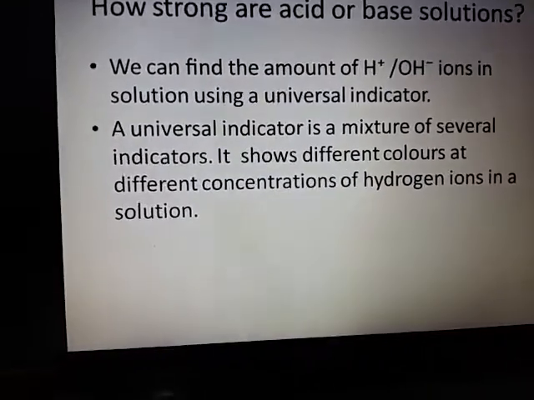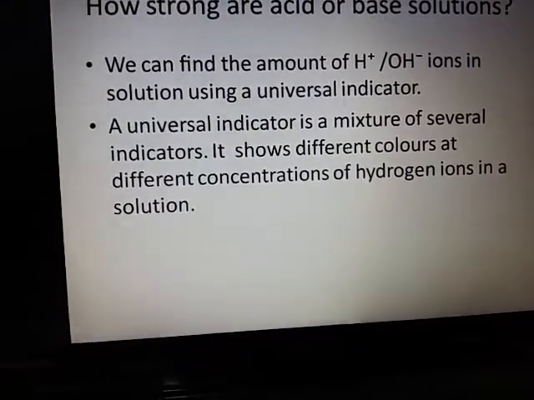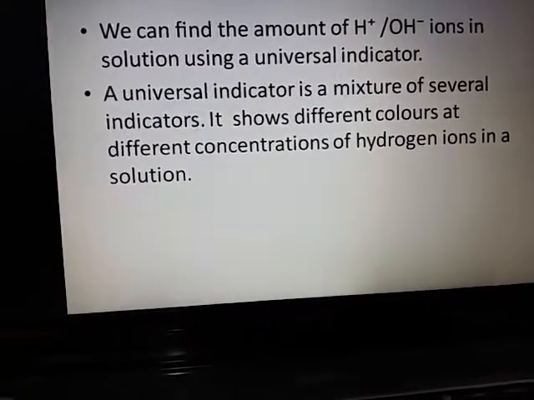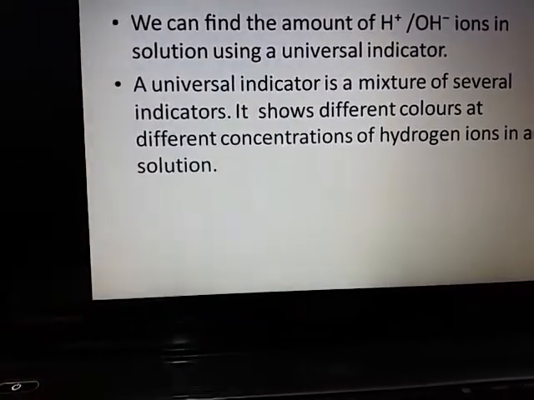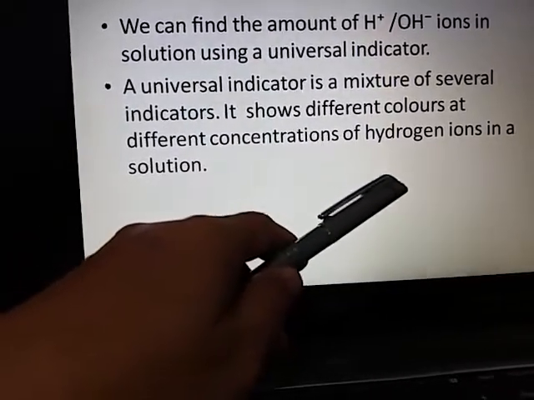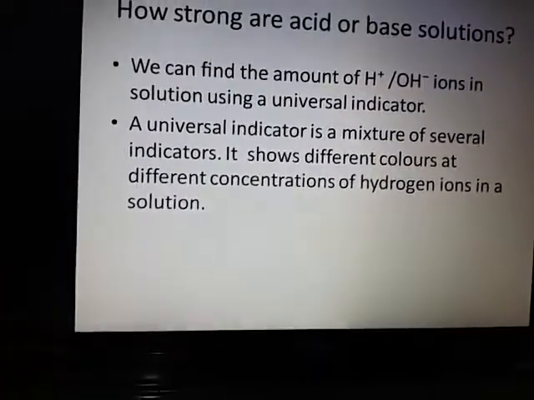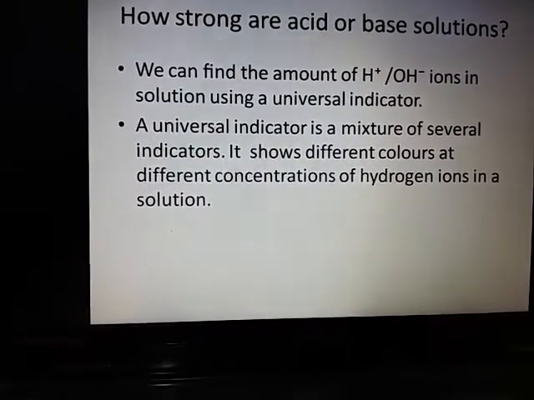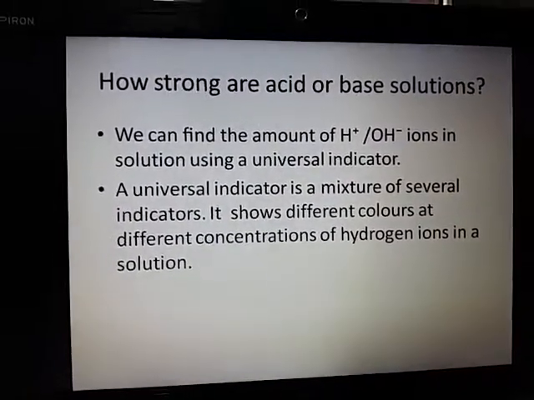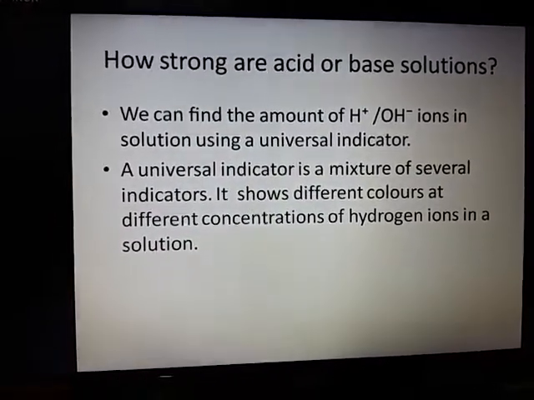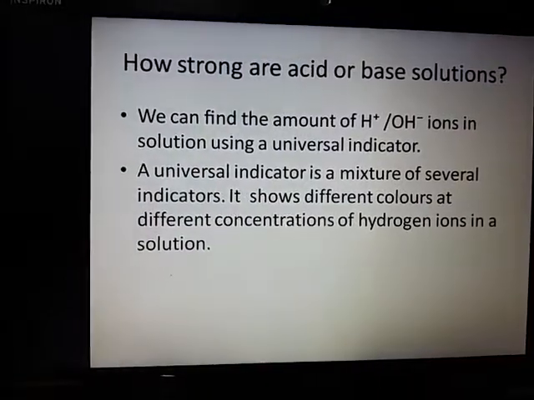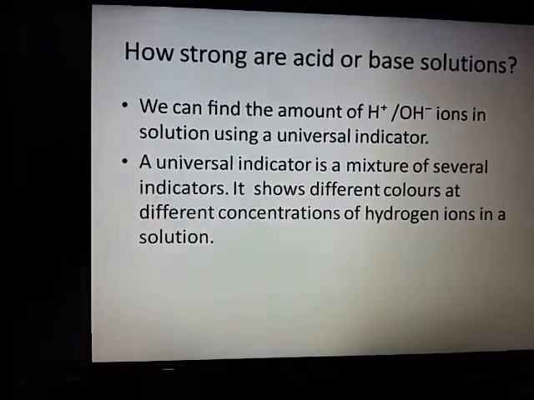Okay, this indicator is a mixture of several indicators, so it shows different colors at different concentrations of hydrogen ions in a solution, right? So it can be used for many different types of solutions. Therefore it is known as a universal indicator. It shows color change for most of the solutions.